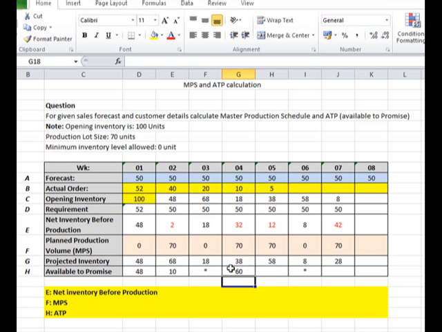That is, our safe zone is 60. If the customer suddenly increases his order from 10 to 70, we can easily fulfill his requirement. Or if we have a new customer with a 60 requirement of this same part, we can go for that. So this is the significance of ATP, and MPS signifies how much to produce in which particular week.